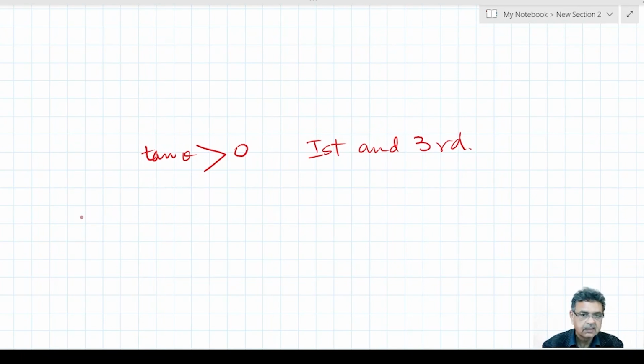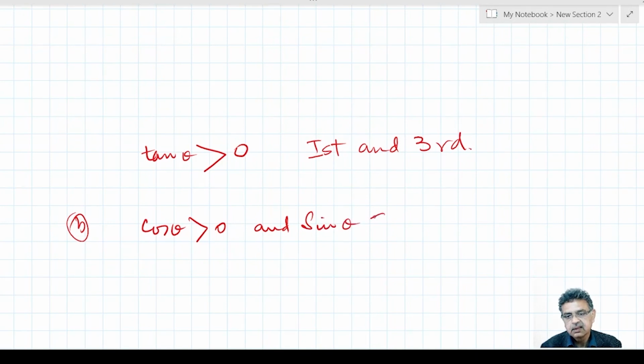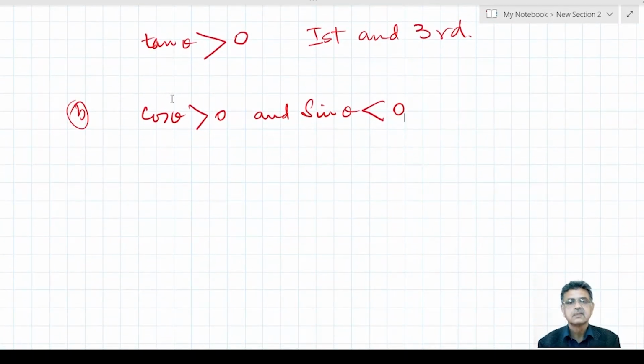Now the second part is cos theta is greater than 0 and sin theta is less than 0. At a time sin is negative and cos is positive. Which quadrants are there where cos is positive?